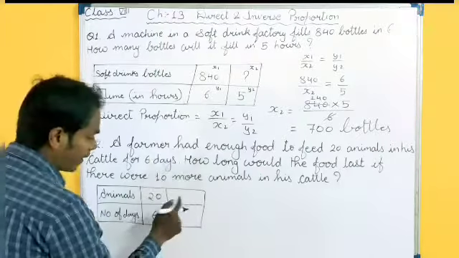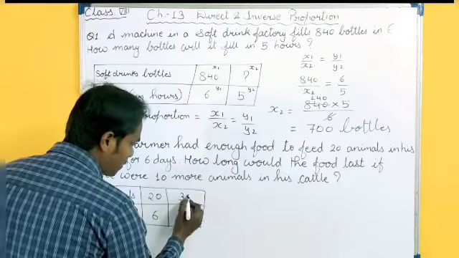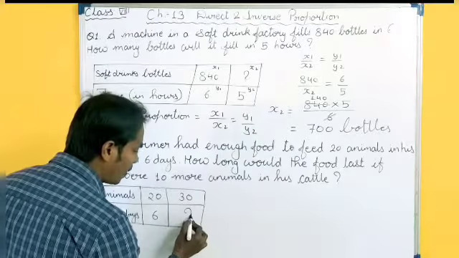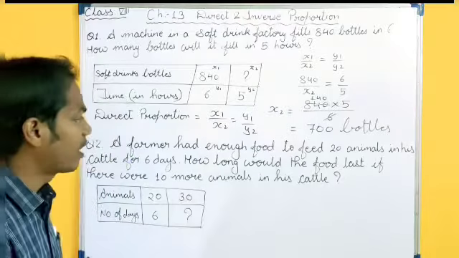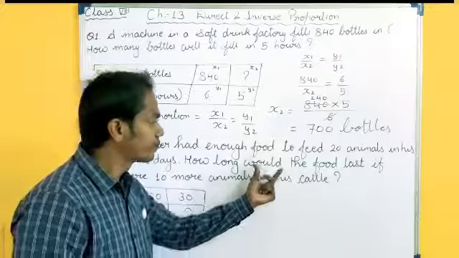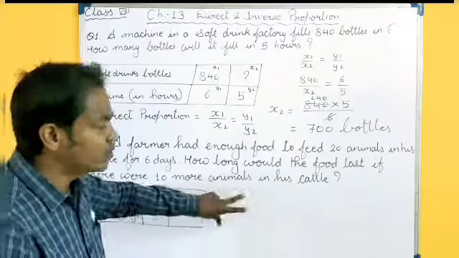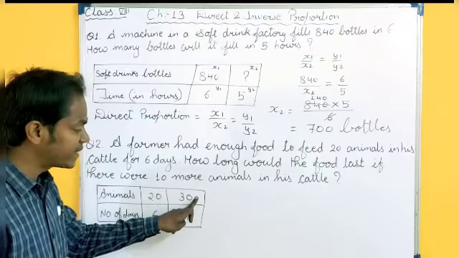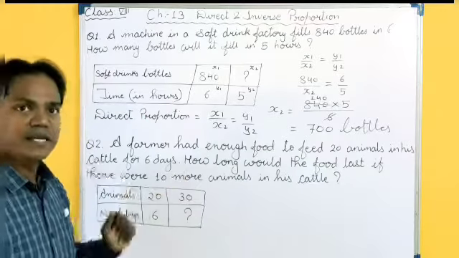10 more. So 20 plus 10, 30. Suppose there are 30 animals, then for how many days that food lasts? So this is question related to animal and food. So this question is based on inverse proportion. As the number of animals increases, the number of days will decrease.